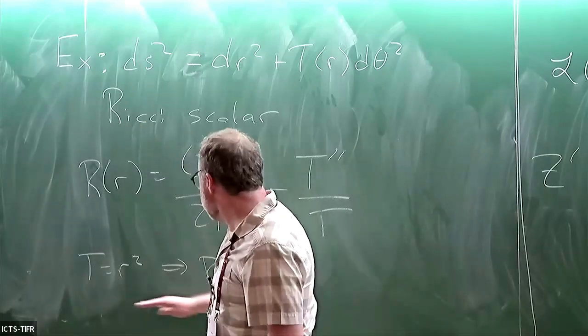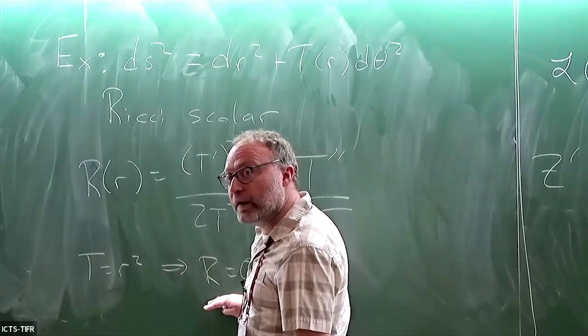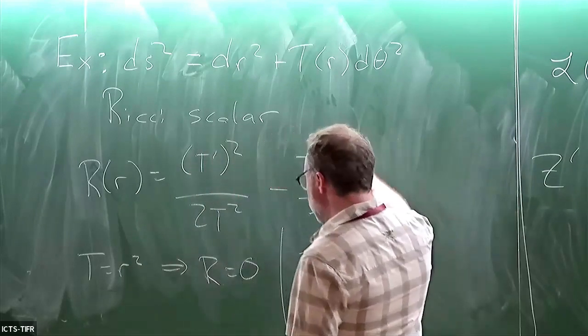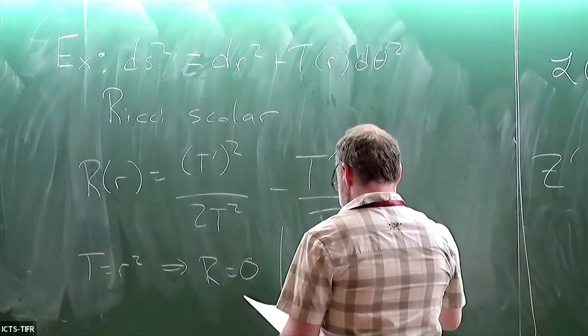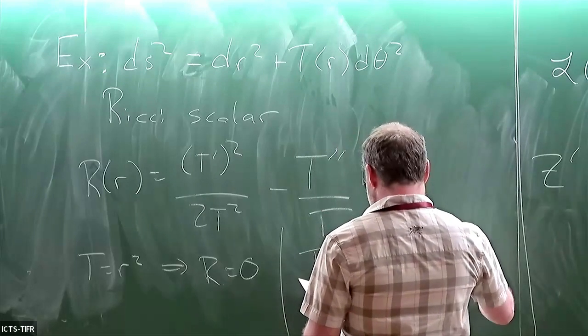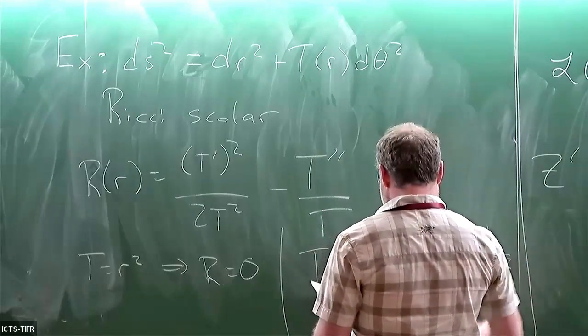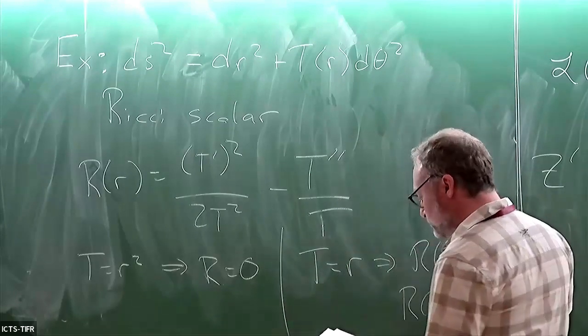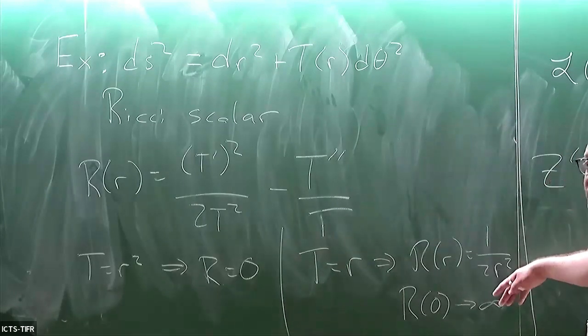We have T equals r squared: there are no physical singularities. But when we have T equals r, and you plug into this formula, then you get R of r is 1 over 2r squared. So R of 0 goes to infinity. So there's some physical obstruction at the origin.